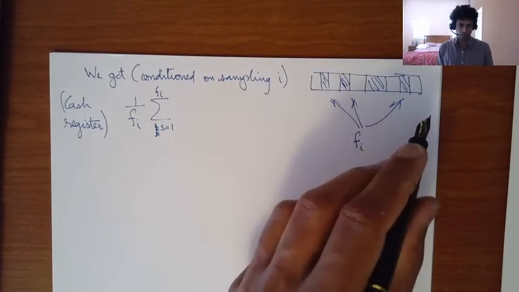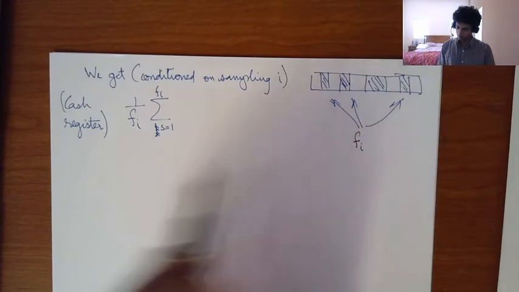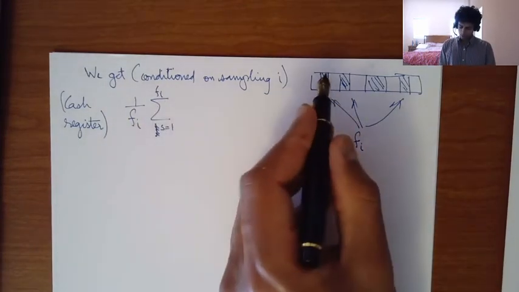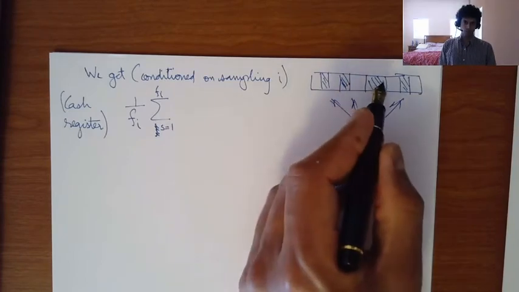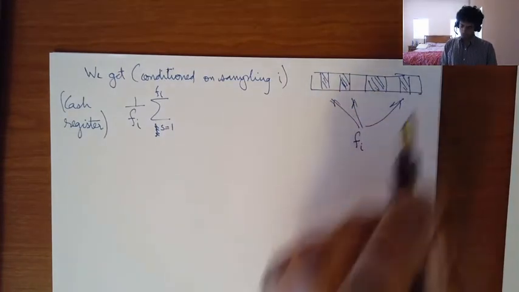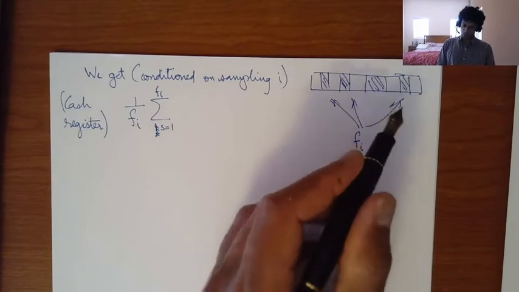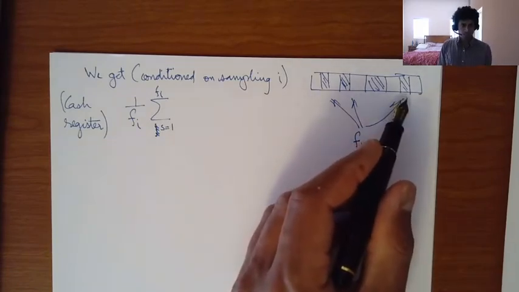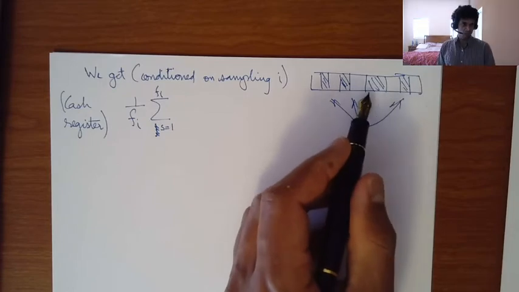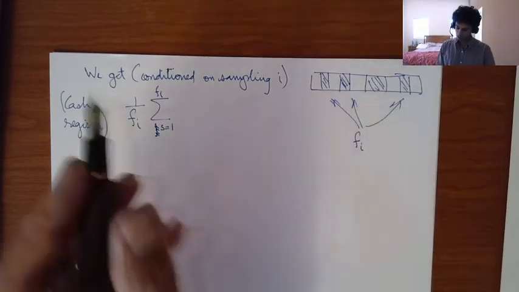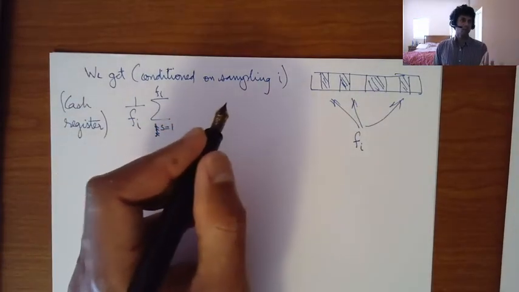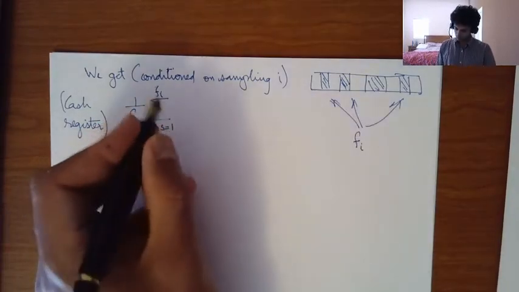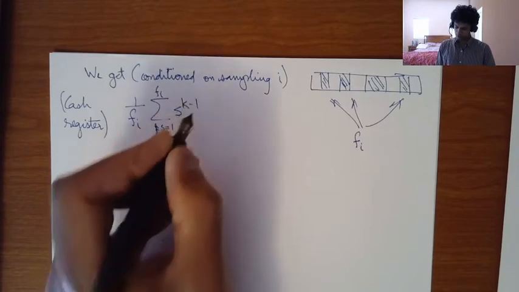Reservoir sampling is going to pick one of these uniformly at random. That's the 1 divided by f_i. I could pick the first occurrence, the second occurrence, and so on. Or let me count s backwards: I could pick the last, the second last, the third last, the fourth last. If I pick the last occurrence, my count is just 1. If I pick the second last, my count is going to be 2, and so on. So I get s to the k minus 1.